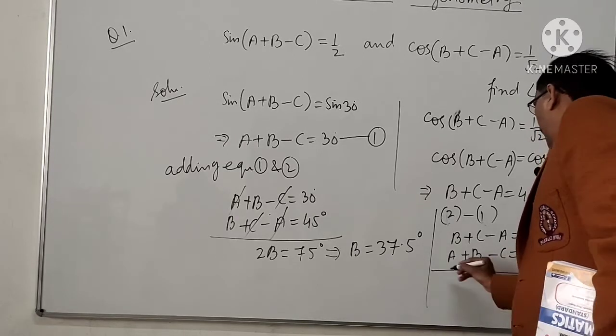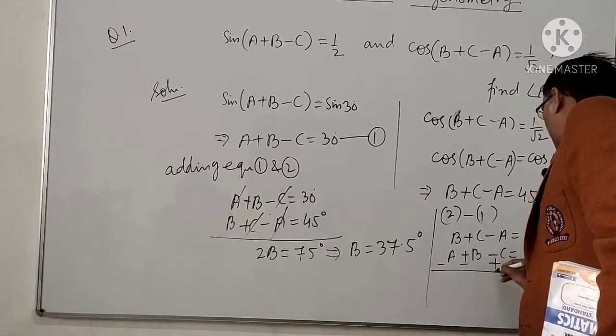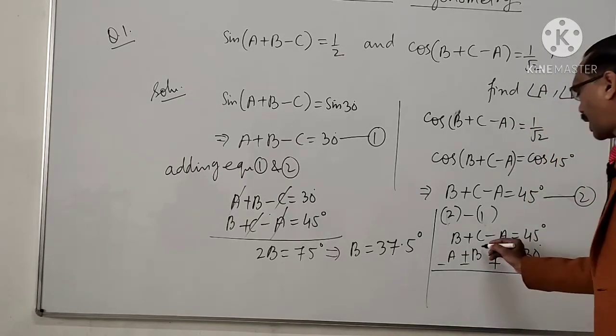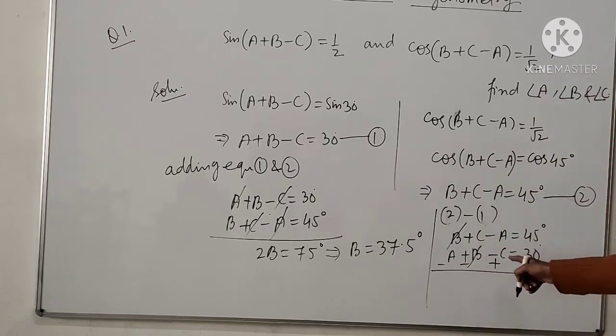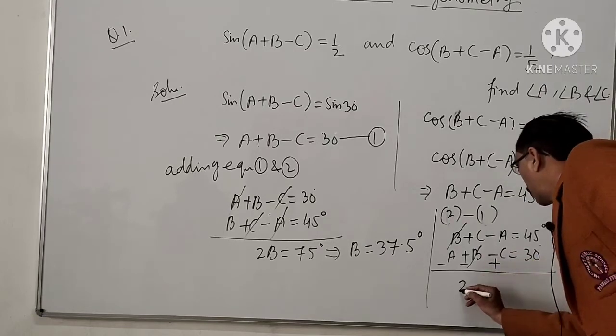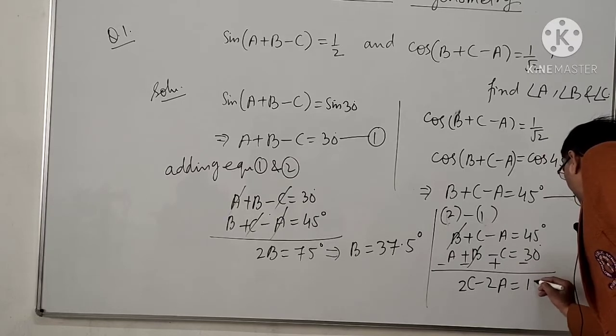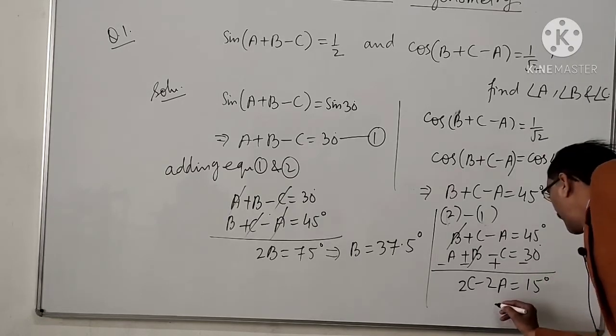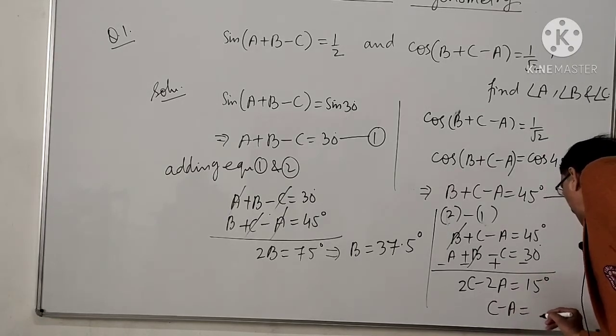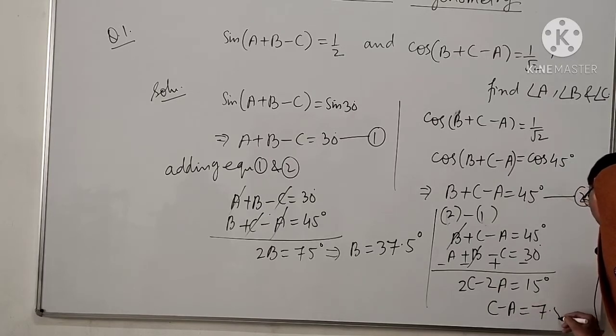When we subtract them, we will get minus, minus, plus. So here B is cancelled. Then it is 2C − 2A equal to 15 degree, and C − A equal to 7.5 degree.